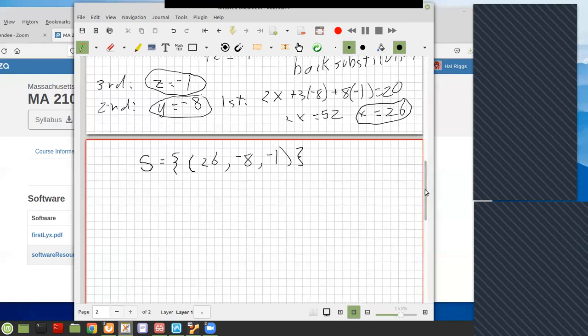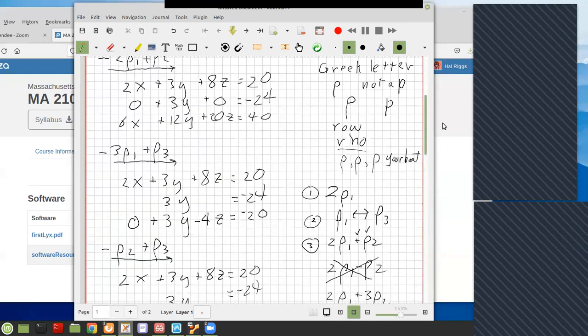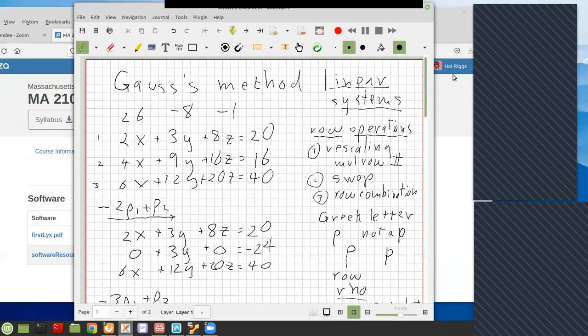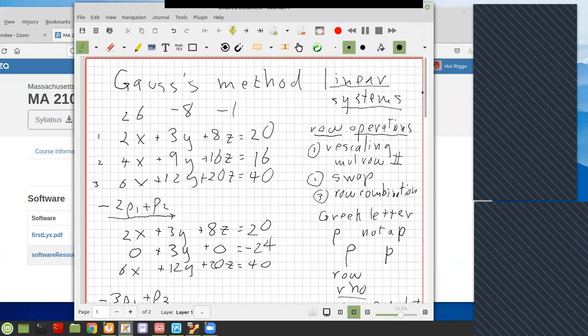Oftentimes, because this is a sort of intricate system, but it's pretty mechanical. You're guaranteed that the method works. The bookkeeping is a little tedious. And in fact, later on, we're going to find a simplified way that involves matrices and vectors to simplify the bookkeeping, because you notice that we keep having to repeat the x, the y, and the z, and they always stay in the same place.